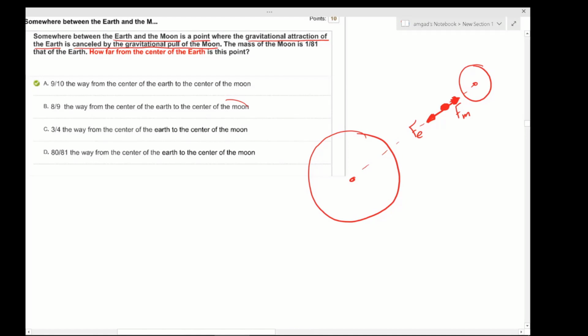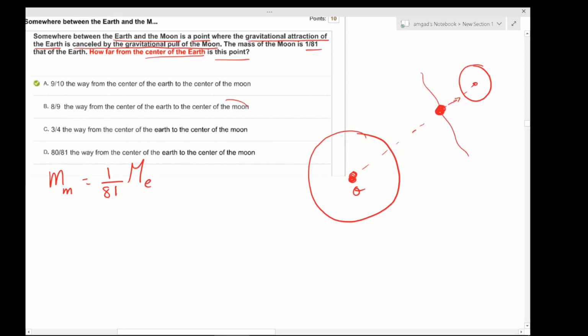The mass of the Moon equals 1 over 81 the mass of the Earth. How far from the center of the Earth is this point? We measure from here. This is my origin, so we need to measure a distance.